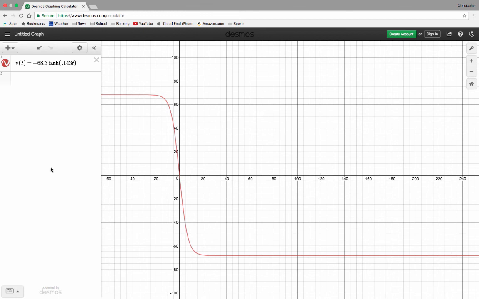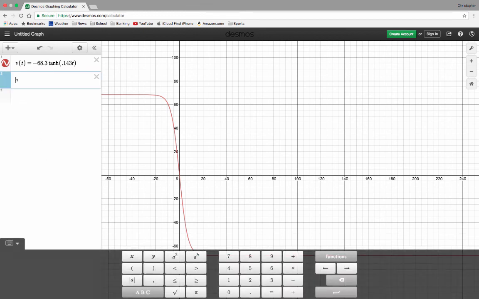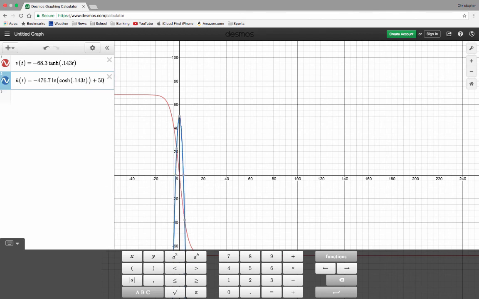So let's take a look at the height. So the height function is like negative 476, sorry, yeah, but it's an ln of a cosine hyperbolic, 0.143t. But then we had that initial height of 50, so it puts it like that.